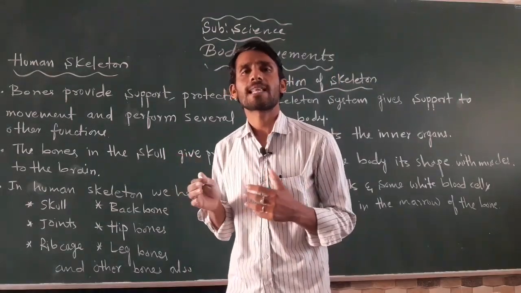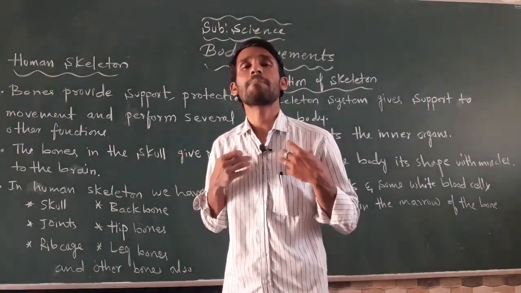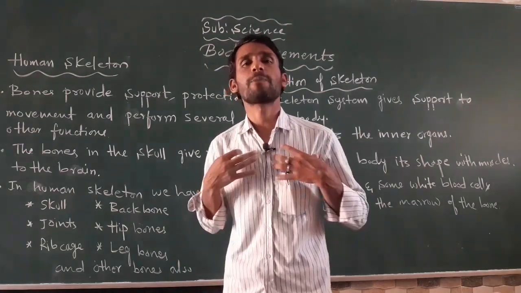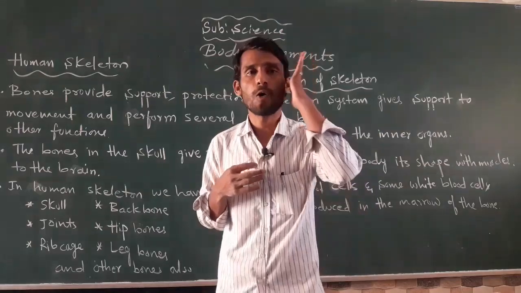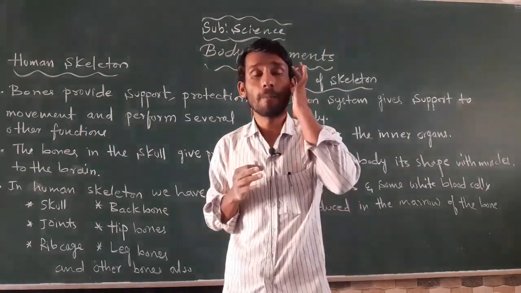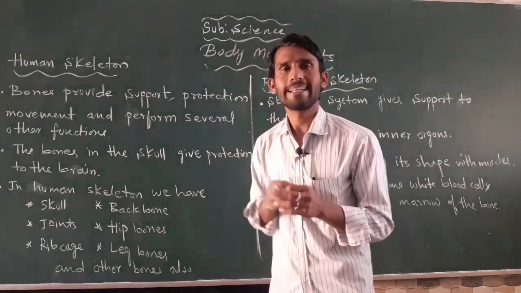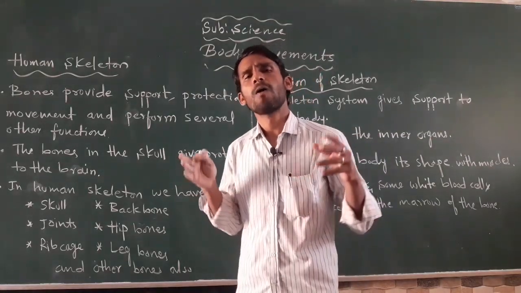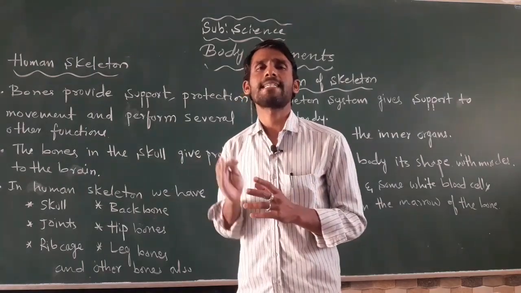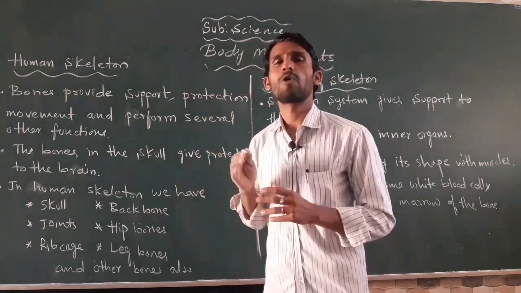These bones are protecting our inner body parts. Example, the ribcage is protecting the heart, and we have the brain in our skull. The skull also protects our brain, and we have the heart, kidney, and so many inner organs. All these inner organs are protected by the skeleton of the human body.